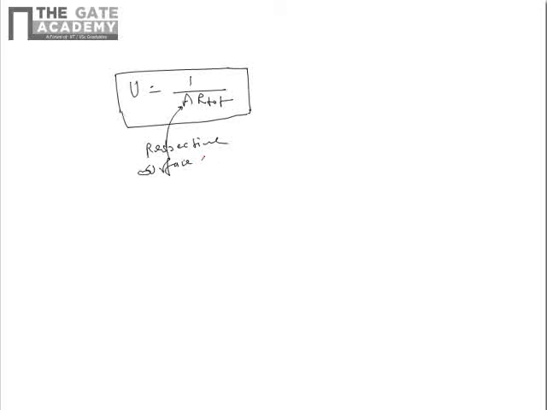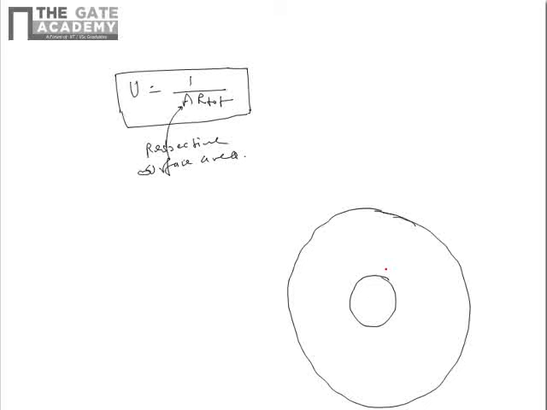Since heat exchangers are always in cylindrical form, let us say this is the cross section of a heat exchanger. This is Ri, this is R naught, and this is the outer surface of the heat exchanger which is insulated.